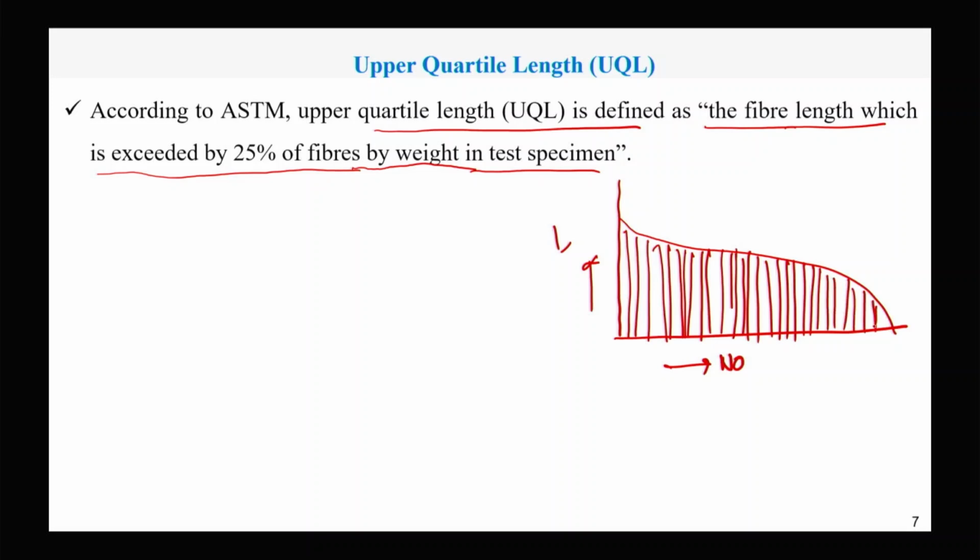Now again we are distributing, fiber lengths are distributed. Now suppose the total weight of this fiber is W, whatever we have taken, and now we go on taking fiber from the longer side and taking mass.